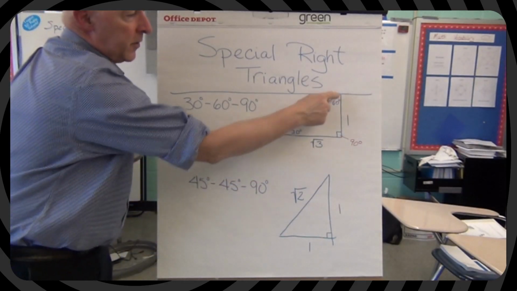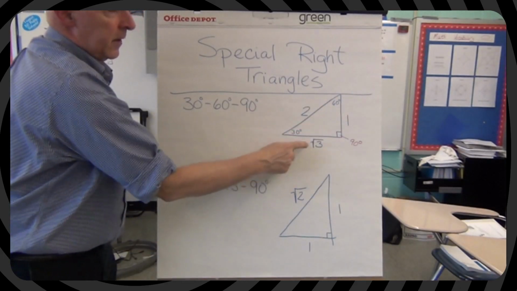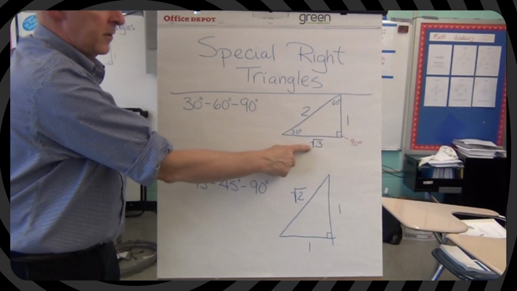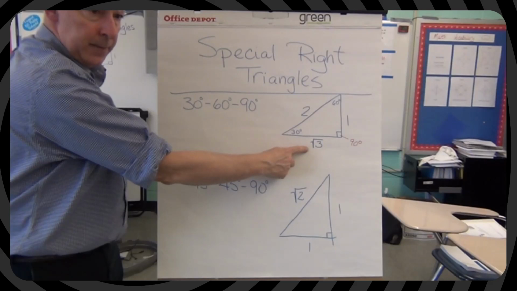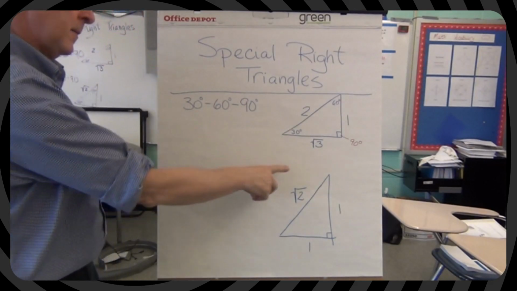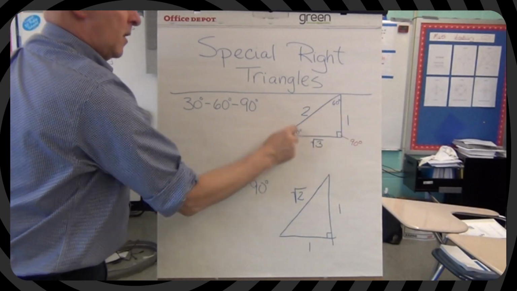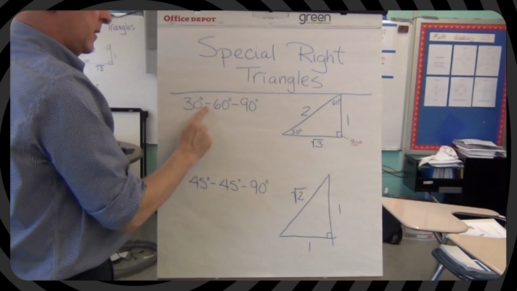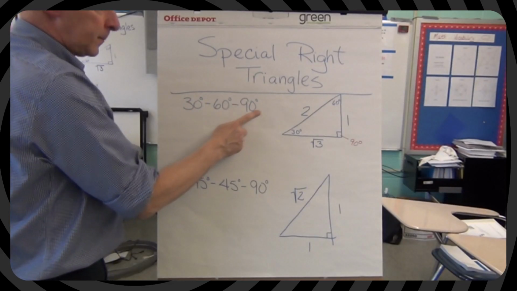Here, this side, which is opposite the 60 degrees, is a bit longer than 1, and it's shorter than 2. It has the value of the square root of 3. And the square root of 3 is approximately 1.73. So these are the relationship or the ratio of the sides for a 30, 60, 90 triangle.